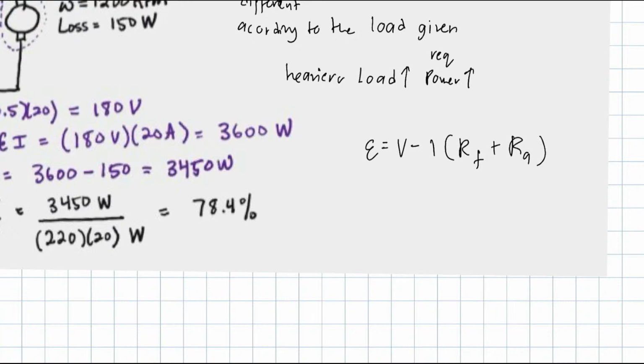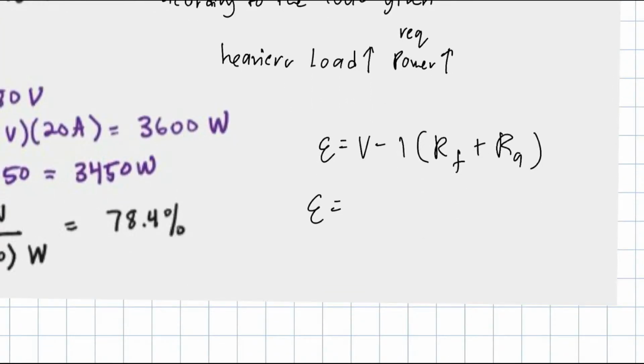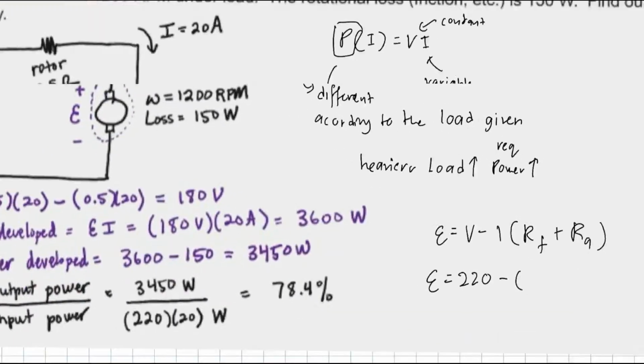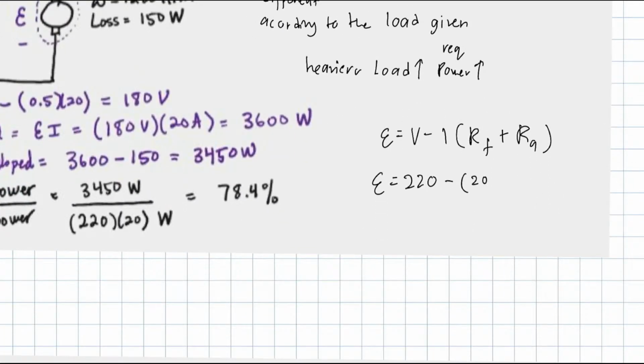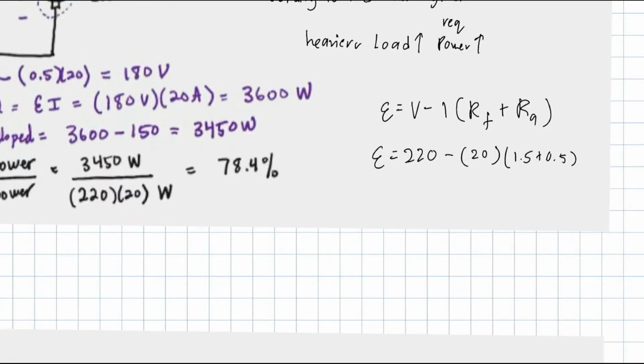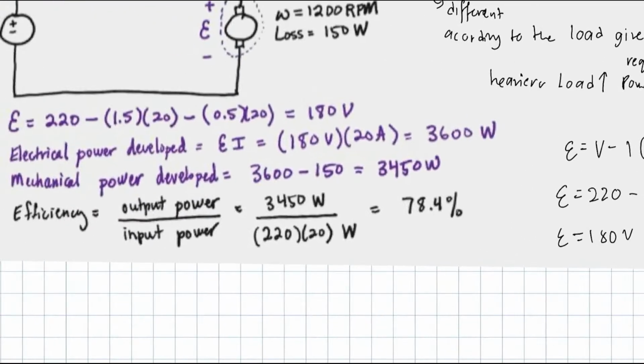So let's just do it. 220 minus I, what is I? I is 20, multiplied by 1.5 plus 0.5. Right, 1.5 plus 0.5 gives 2, so you get 180 volts back EMF.